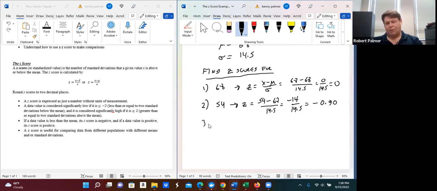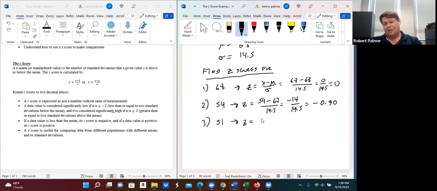All right, number 3. Let's choose a value of 51. Once again, this is below the mean, so we'll have a z-score that's negative. And we can possibly make a guess. The z-score for 54 was almost 1 standard deviation below the mean. This should be less than or greater than 1 standard deviation below the mean.